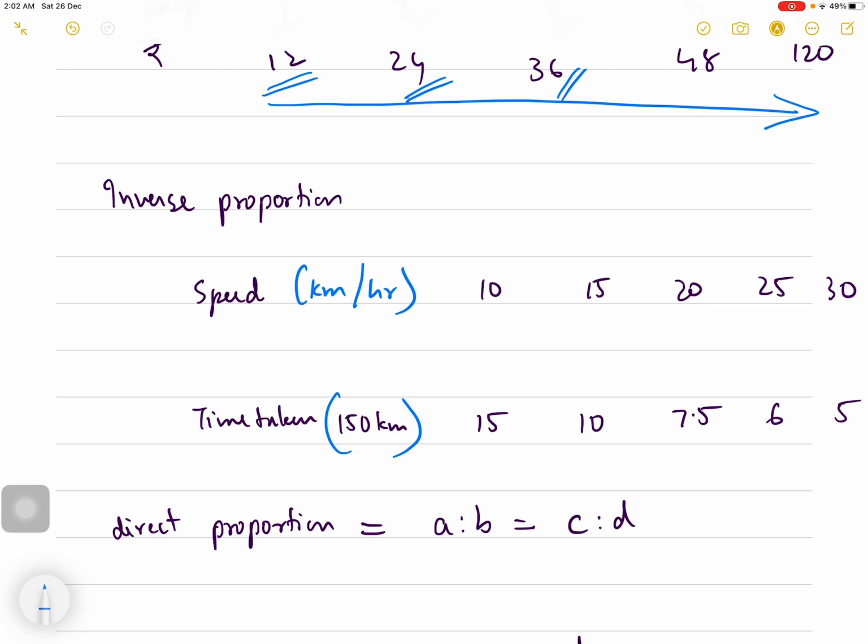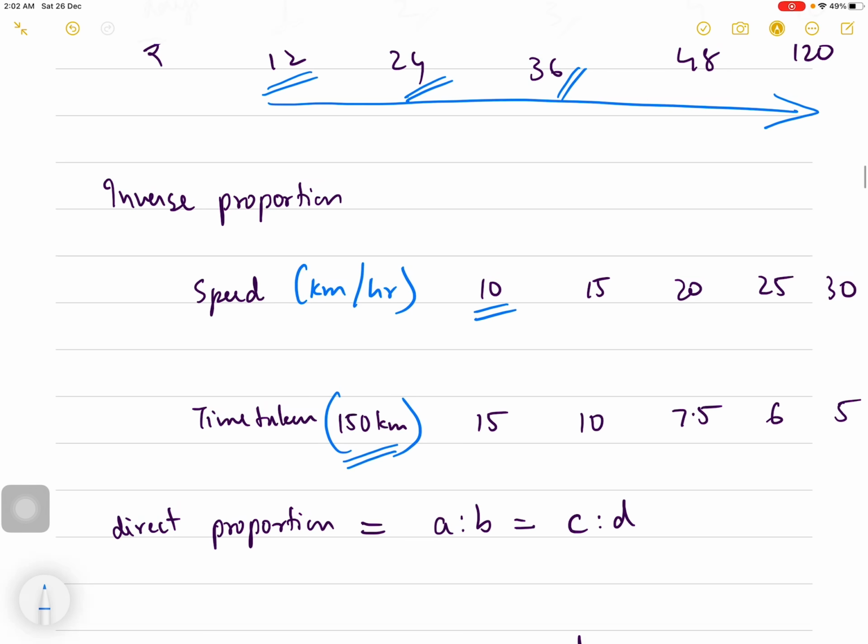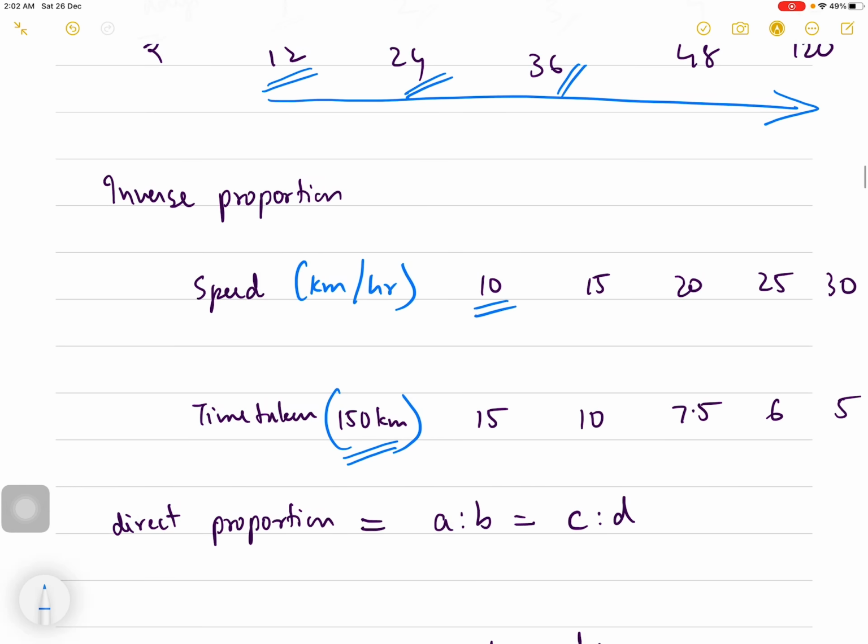If the train speed is 10 kilometers per hour, to travel 150 kilometers, it will take 15 hours.